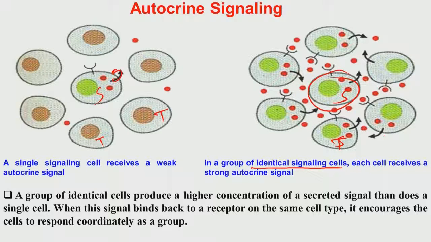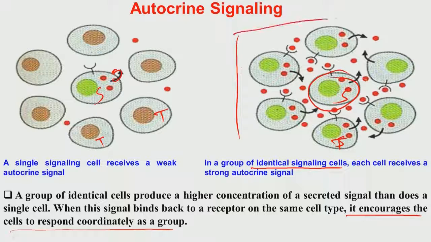Now, if all the cell types are the same, both the source and target cell, then a much higher concentration of the signaling molecules can pass from one source cell to all the target cells in the neighborhood, and therefore, the bottom line is, it encourages the cells to respond more coordinately as a group.